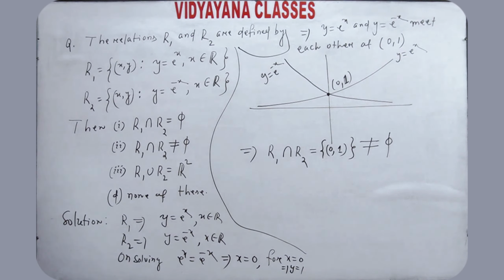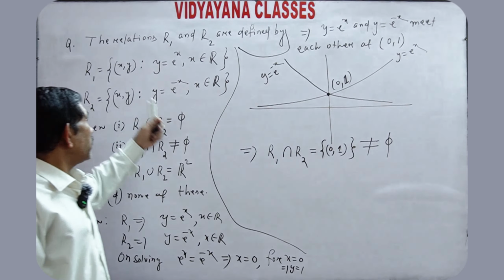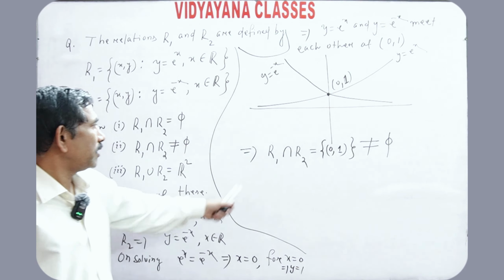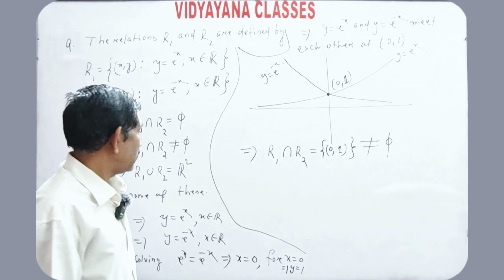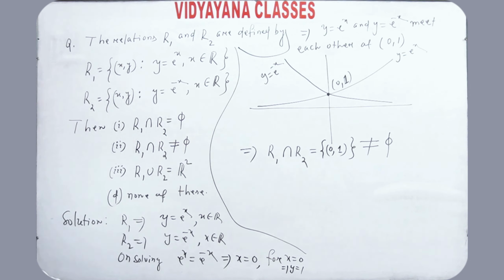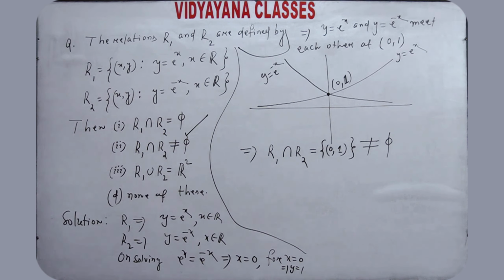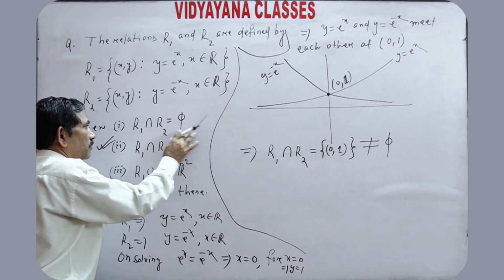There exists a common point in R1 and R2, that point is the ordered pair (0, 1). R1 and R2 are two relations. So the correct option is the second. Second is the correct option. Clear?